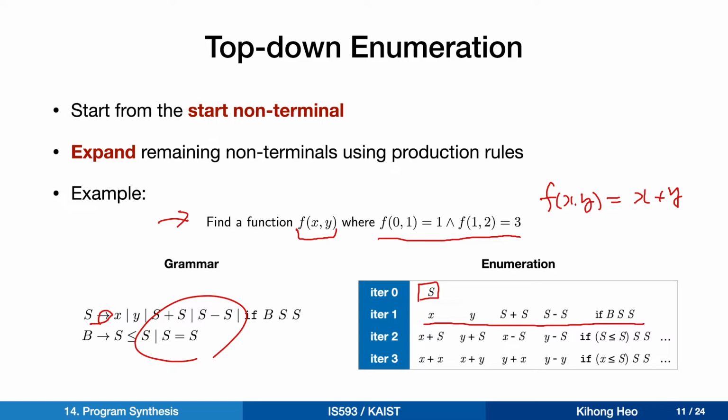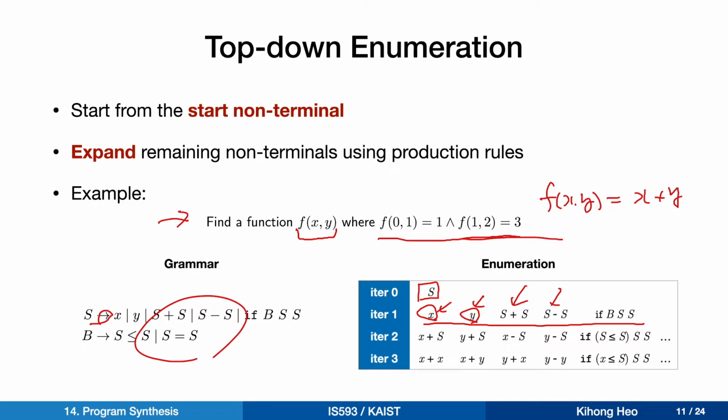As you can see, some of them are all grounded, which means all of them are terminal, but some of them have non-terminals like this. And the algorithm checks whether the grounded programs, such as this one, satisfy the condition or not. As you can see, none of the grounded programs so far, x or y, satisfy the specification here.